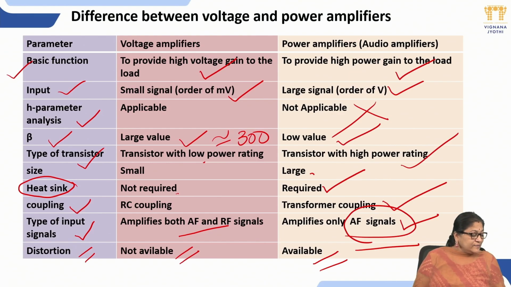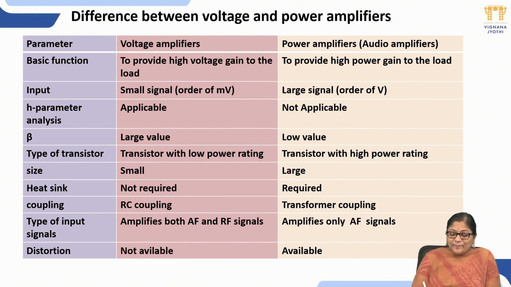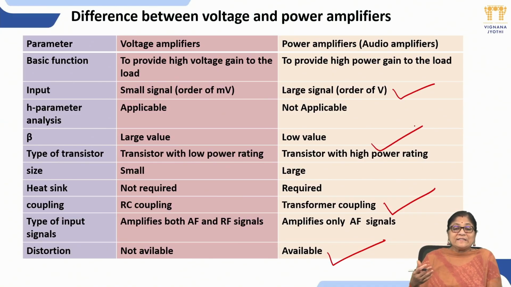So if you look at this overall, for power amplifiers, the input signal is of the order of volts, and it cannot amplify the input signal as it is because it provides distortion. Normally transformer coupling will be used, so they are larger in size, and transistors with higher power ratings will be used. So the heat generated will be large, so we have to use heat sinks.